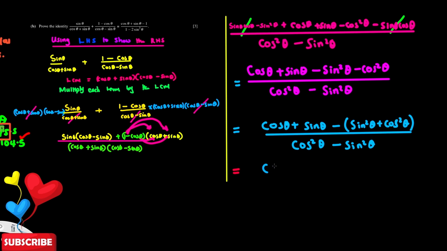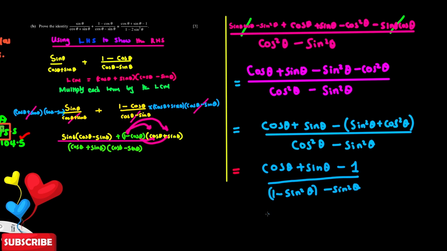So we can now say cos theta plus sine theta minus 1 over, but because the right hand side has sine squared theta in the denominator, we change cos squared theta to 1 minus sine squared theta, giving 1 minus sine squared theta minus sine squared theta.